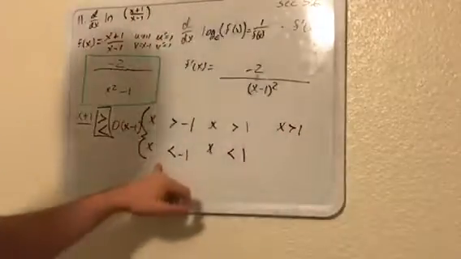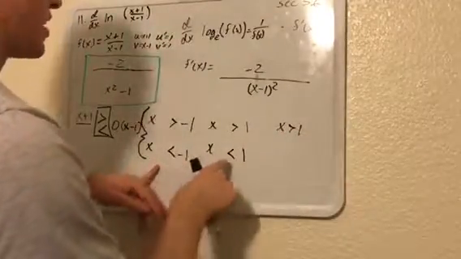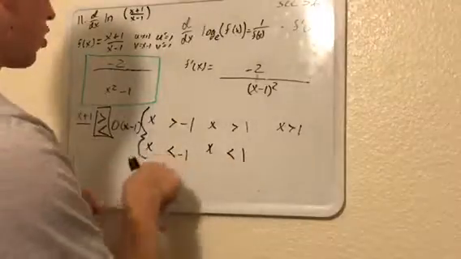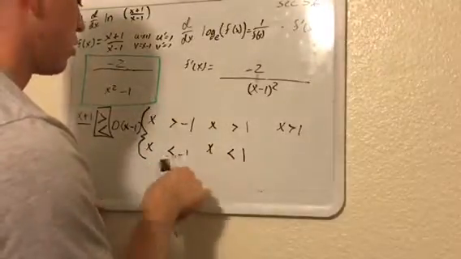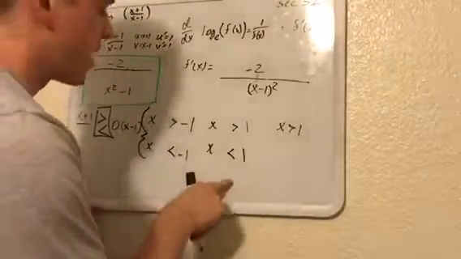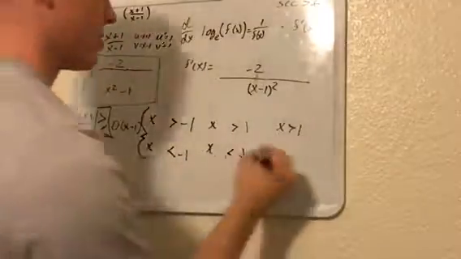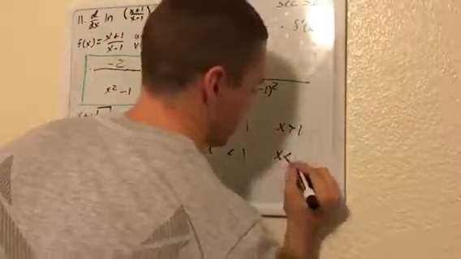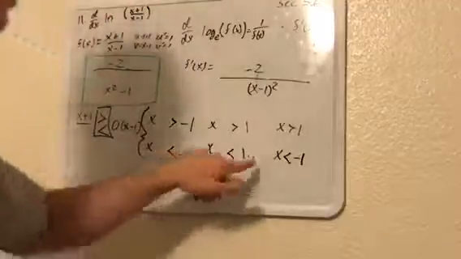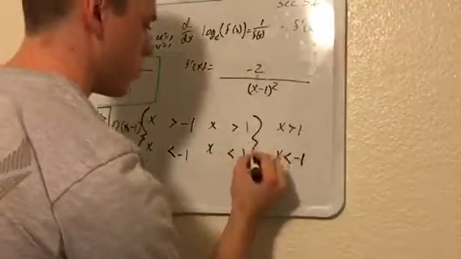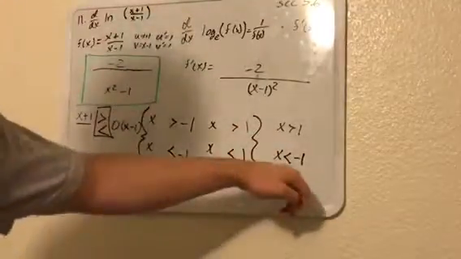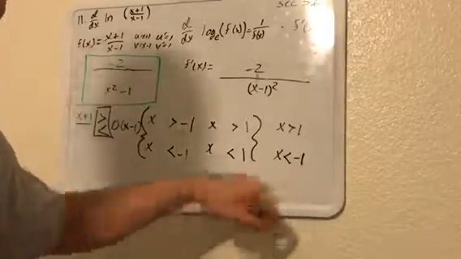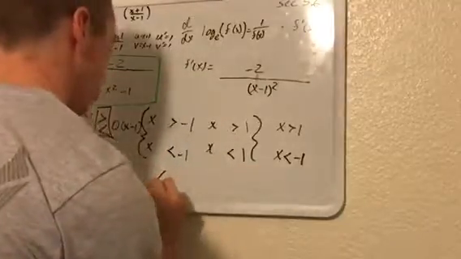And on this one, it's saying for all values such that x is less than 1, it must also be less than -1. So to fulfill both of these, you have to pick a value of x such that x is less than -1. So that means x is less than -1. So this right here is where this function is going to be defined, which can be put on this range.